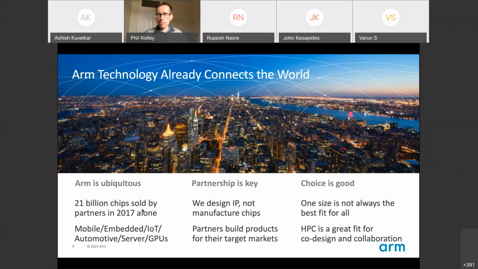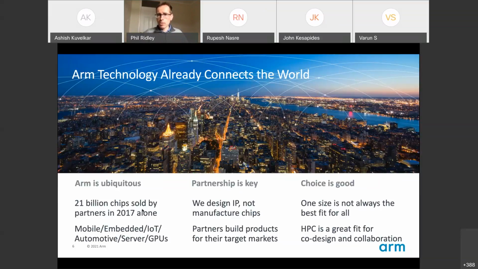Because over the last 10 years or so, ARM has moved into the HPC market, which I'll talk more about as we go on today. But all our previous experience with processors in these other industries and areas has helped leverage into HPC. And one reason this has happened is that ARM has always been a very good partner for co-design.